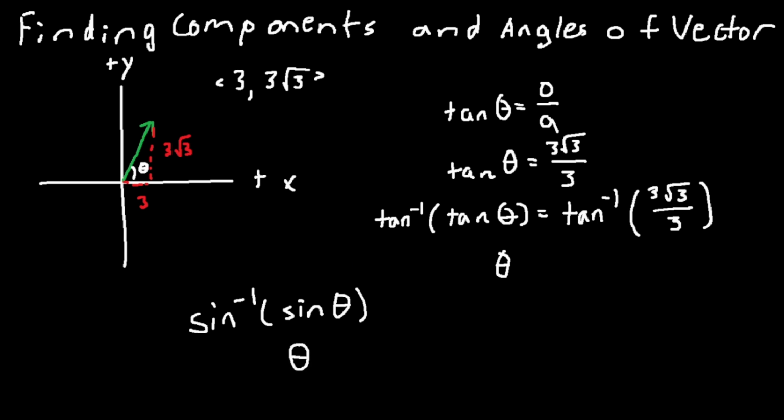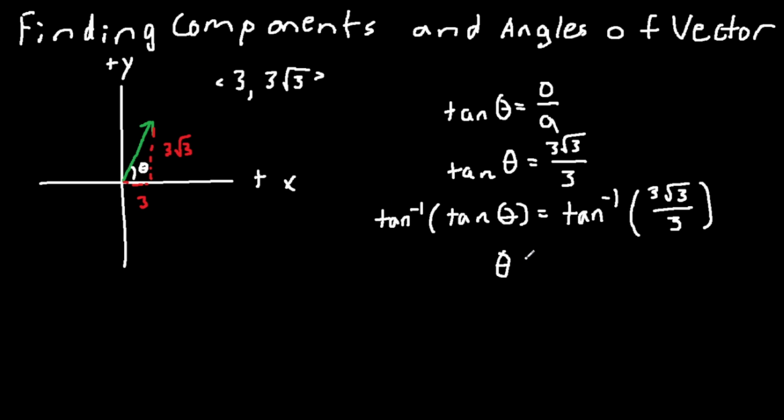Or if theta was some specific value, like 60 degrees, you get left behind 60. So whatever is inside the parentheses of the trigonometric function, you will get the angle or the radians when you apply the inverse function.